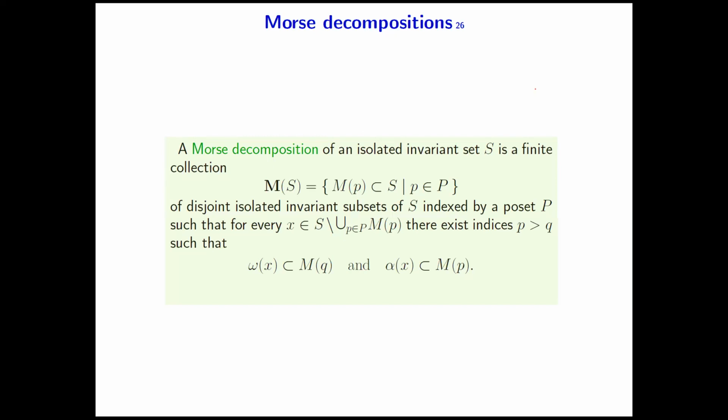the feature that at any point, so I'm back in the classical setting for a moment, recalling the classical concept, that if a point is in your isolated invariant set, but not in one of these subsets, it actually is on a trajectory such that when you go backwards along this trajectory, you limit in one of these subsets, forwards also in one of these subsets, and these two are uniquely determined, and moreover, this backwards is above this forwards when you look into this indexing.